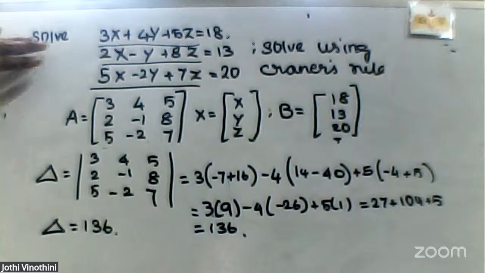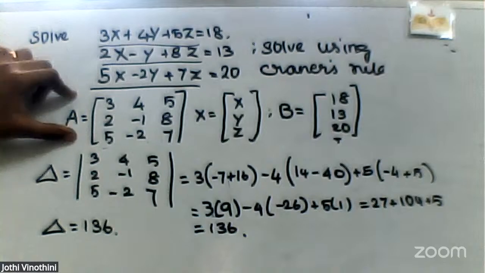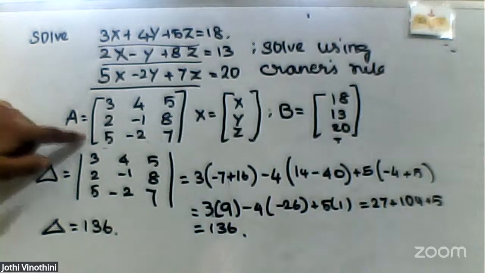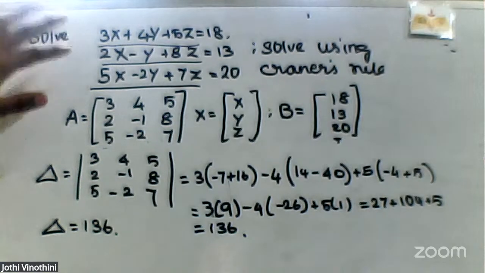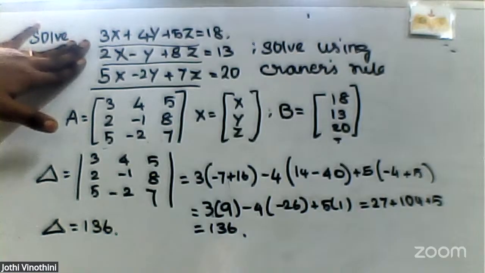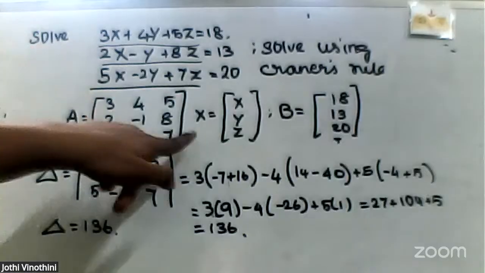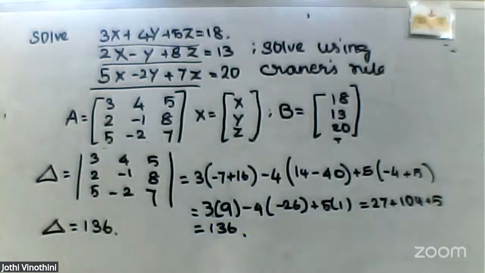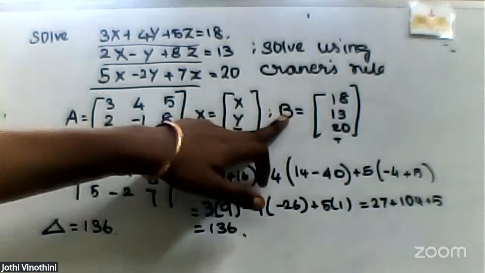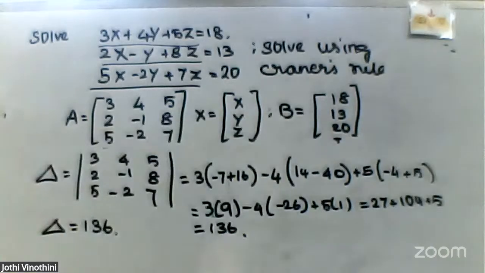To solve this, I have to make a matrix first, right? So I take an element A, and we are going to make a matrix with only the coefficients on the left hand side, right? Right. And we name another matrix X, which equals x, y, z, and with the elements of the right hand side we formed another matrix B, right?